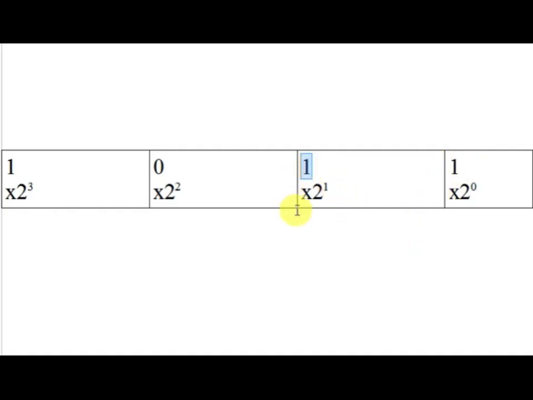Here 2 to the 1, which is going to be 2. So this number 1 here does not represent a 1, it represents a 2. And this number, 2 to the power 2, is 4. So that means there are no 4s. This one represents an 8. So we have an 8 plus a 2 plus a 1. So that tells us that this number in binary is 11.